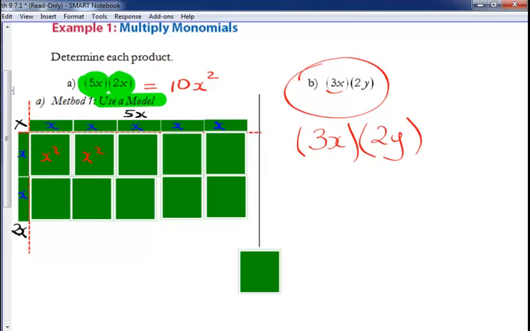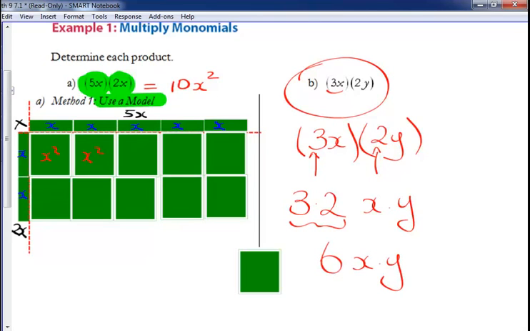So taking our two coefficients, we've got 3 times 2, and then we've got x times y. 3 times 2, of course, is going to give us 6. Now, x times y, two different variables, is simply still going to leave us with x times y.